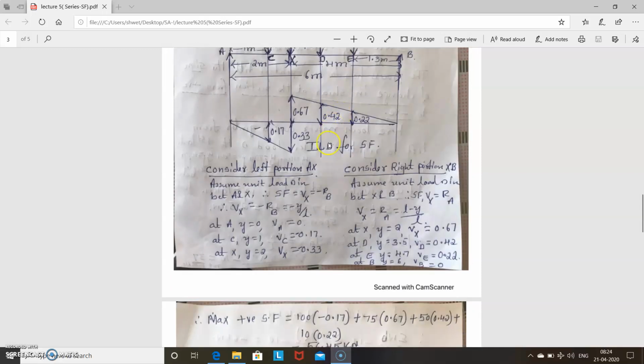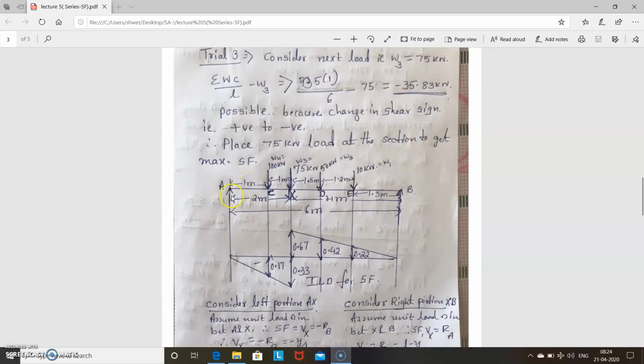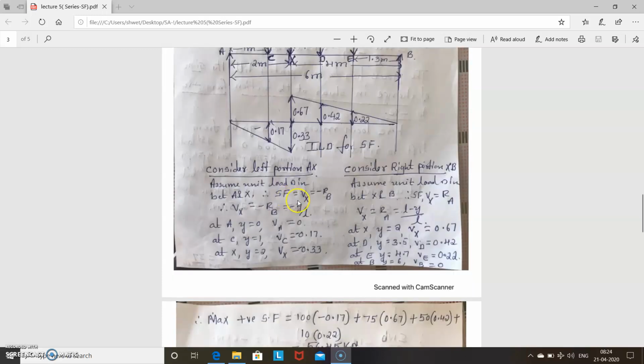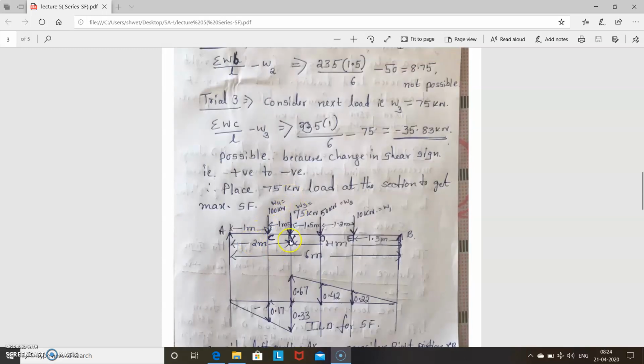Now first consider the usual method, left portion, that is AX, meaning the unit load is now in between A and X. So when the unit load is in between A and X, what is shear force at X? I consider this side where there is no unit load, that is minus RB. So don't consider this, this is last.